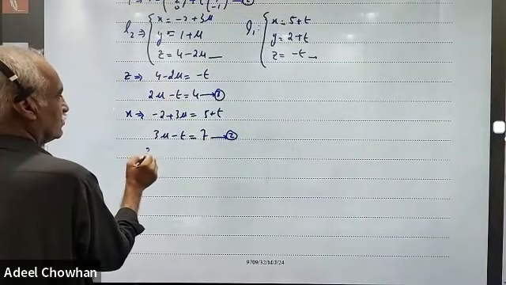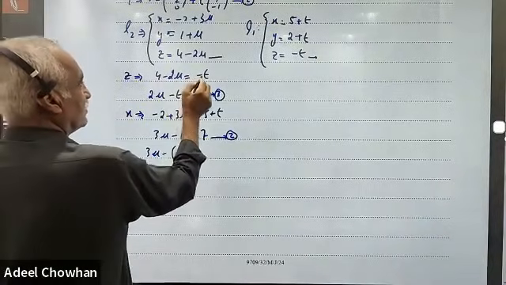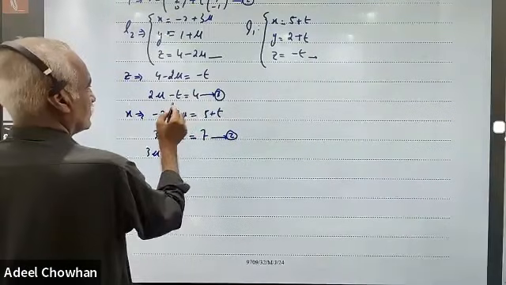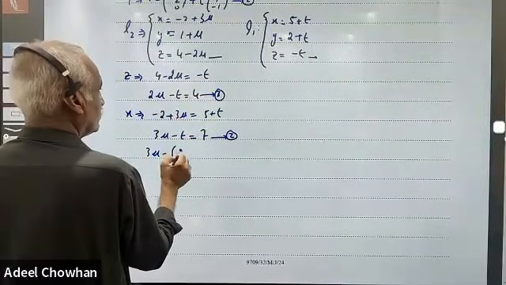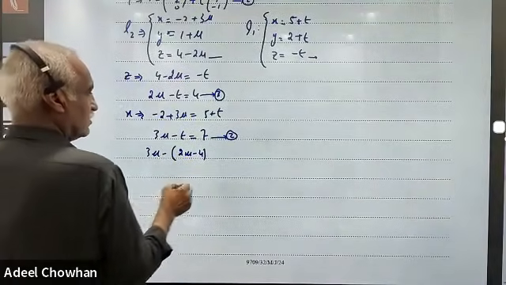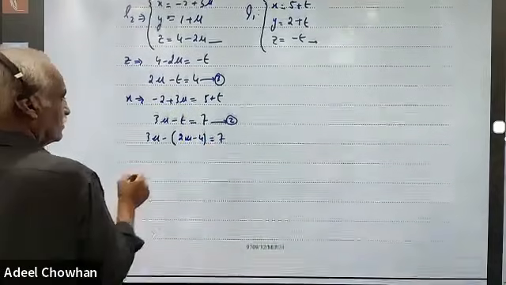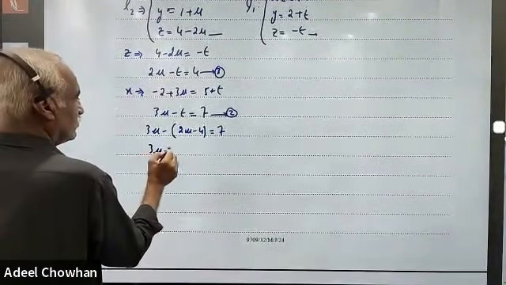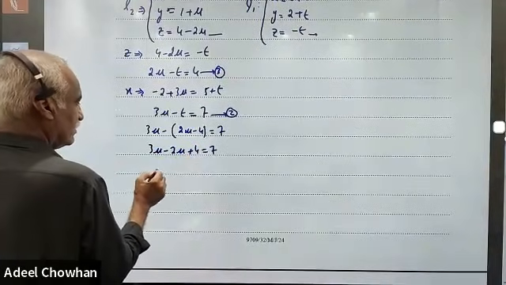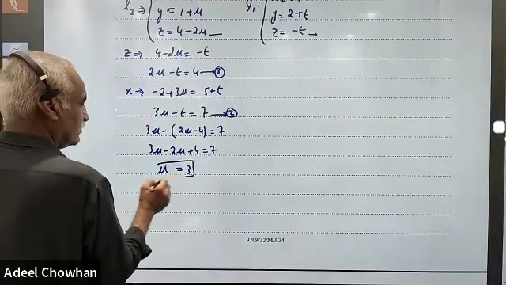So 3 mu minus t is basically 3 mu minus (2 mu minus 4) is equal to 7. So 3 mu minus 2 mu plus 4 is equal to 7, or mu is equal to 3.